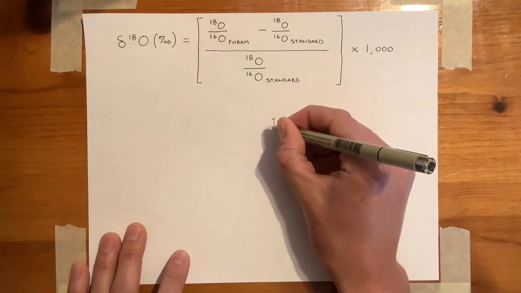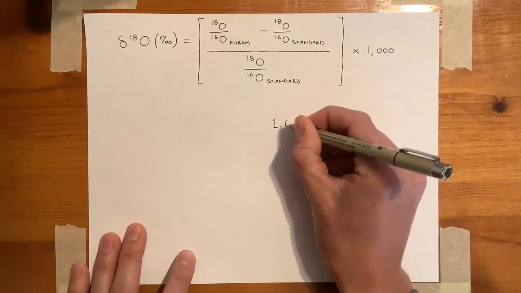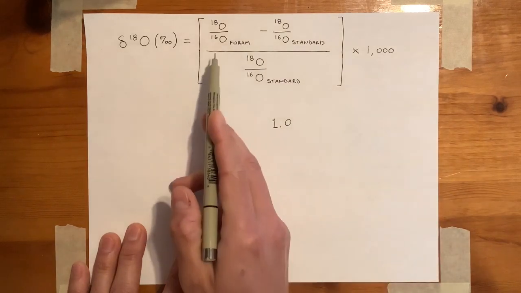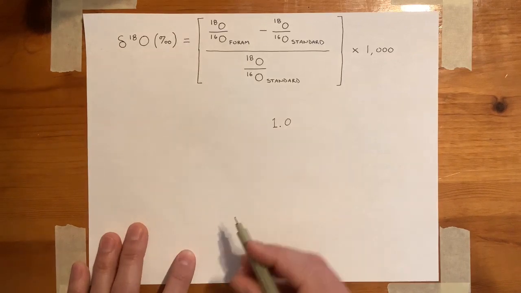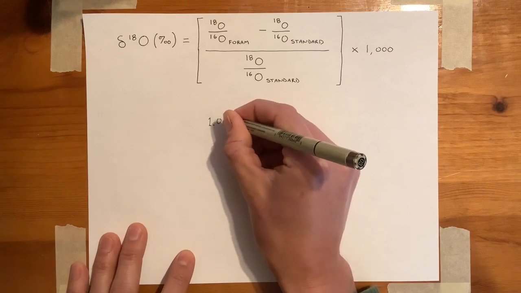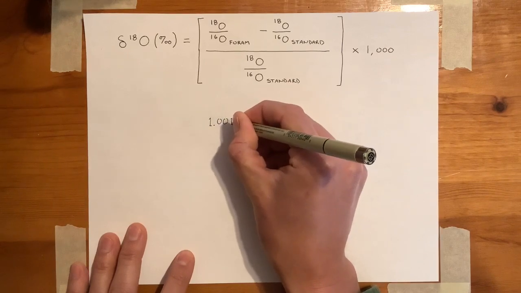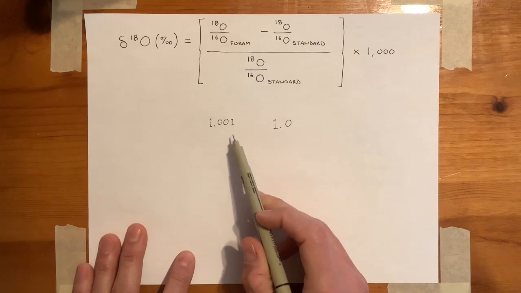Just keep things simple. So 1.0. And then imagine that the oxygen 18 to 16 isotope ratio that we measured in a foram is equal to 1.001. 1 and 1/1000th.